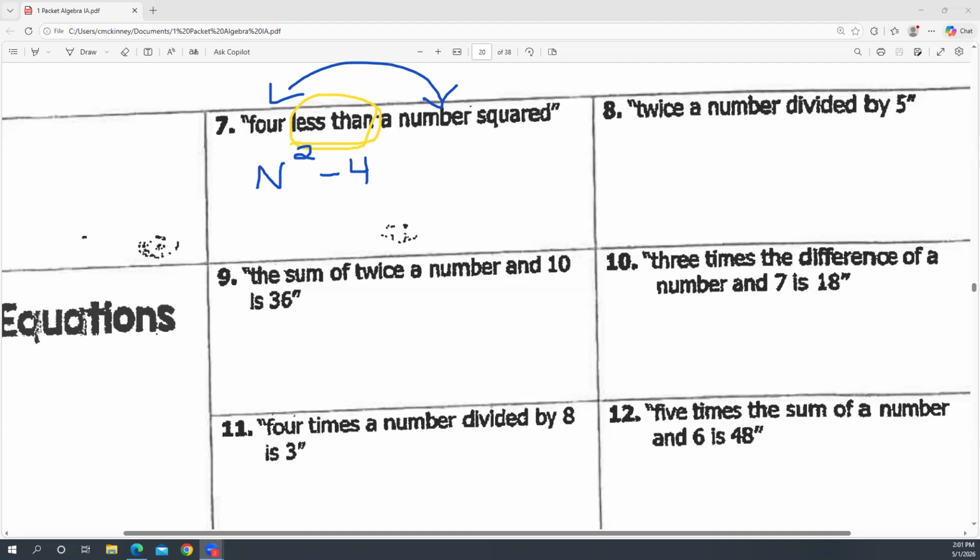Number 8, twice a number. Twice, remember, means 2 times, so 2 times n, twice a number, divided by 5.